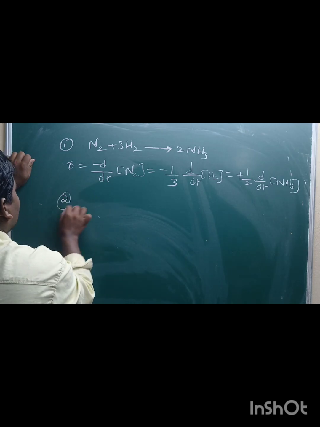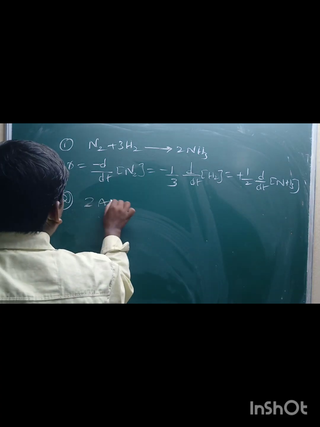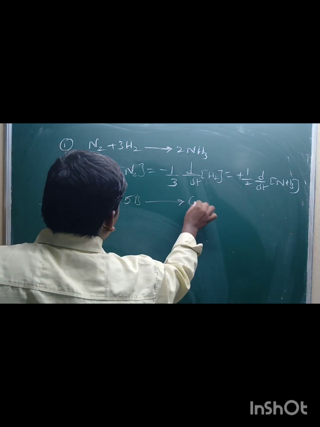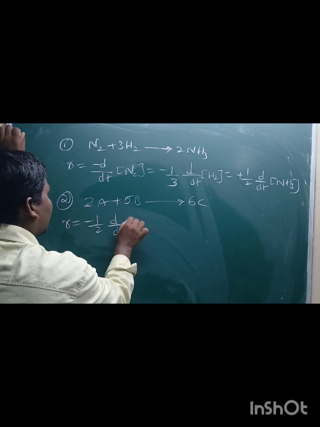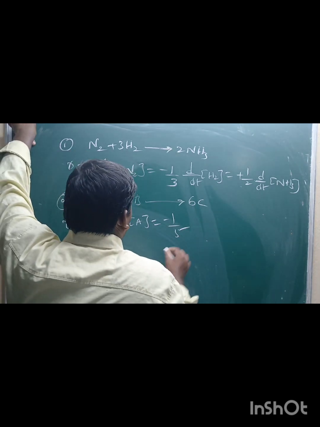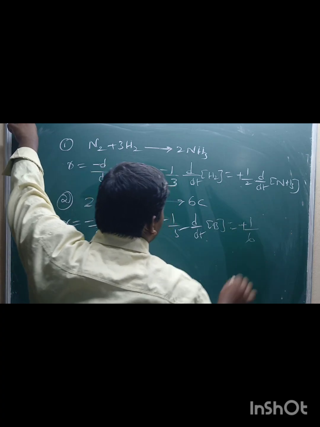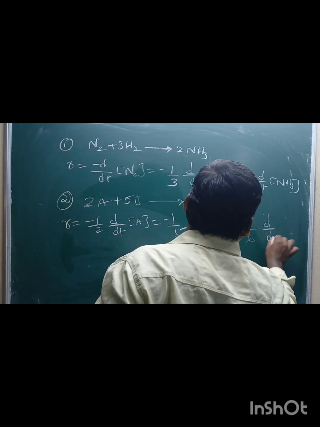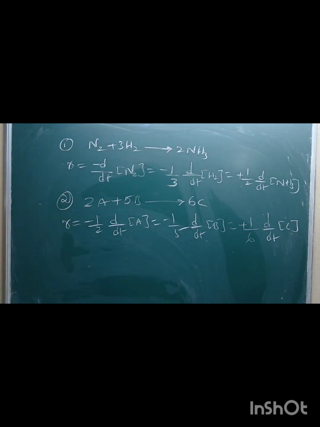If you take one more example, 2A plus 5B gives rise to 6C. What is the rate of reaction here? Minus 1 by 2 d by dt of concentration of A is equal to minus 1 by 5 d by dt of concentration of B is equal to plus 1 by 6 d by dt of concentration of C. Like that, we should write any chemical reaction.